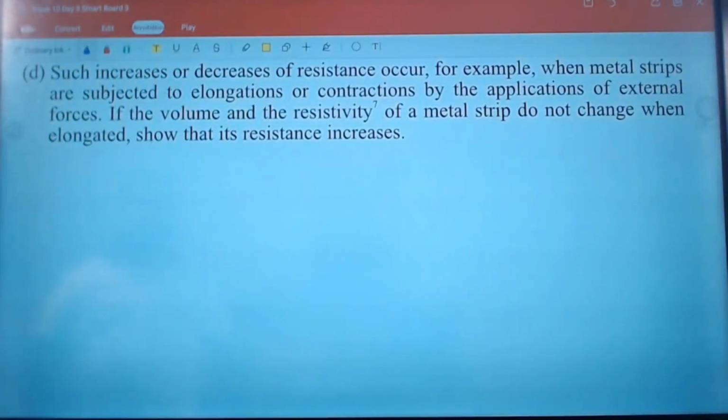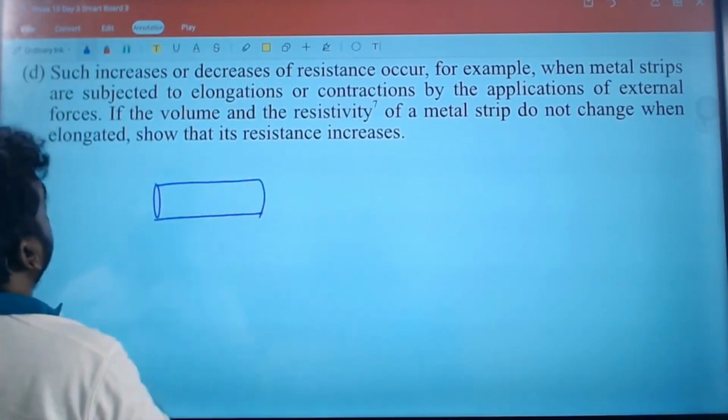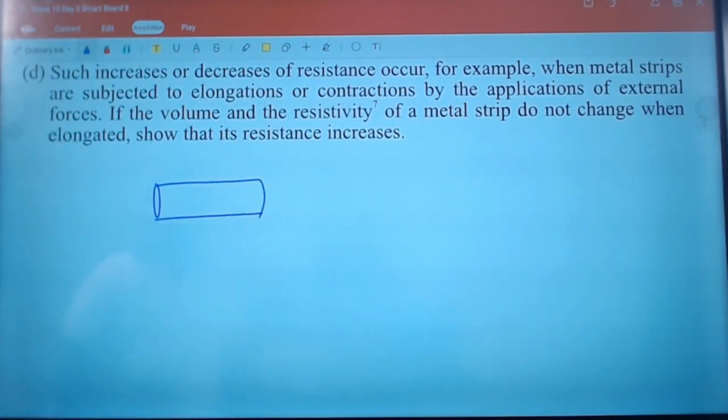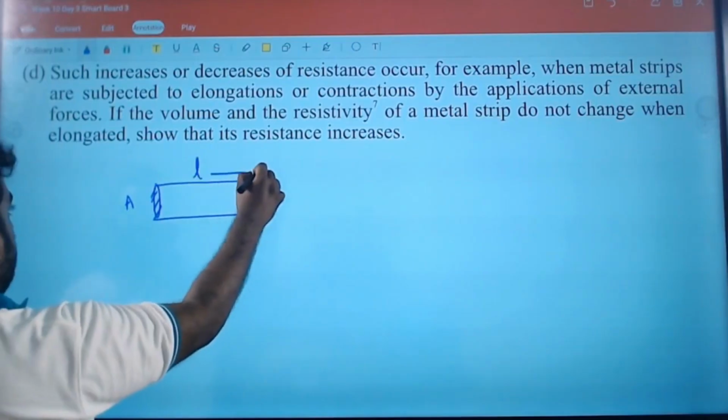Such increase or decrease of resistance occurs, for example, when metals are subjected to elongations or contractions by the application of external forces. If the volume and resistivity of a metal strip do not change, when elongated, show that the resistance increases. So here, area is A1, length is L1.